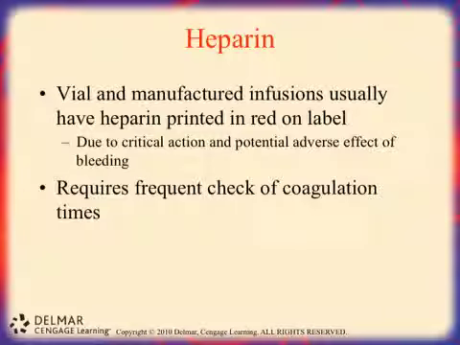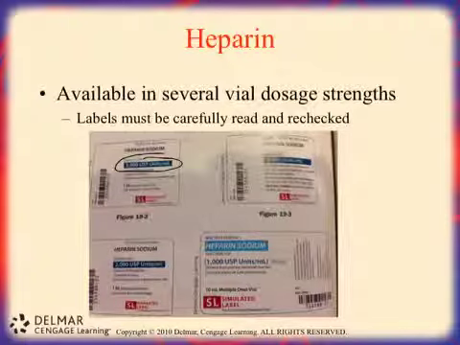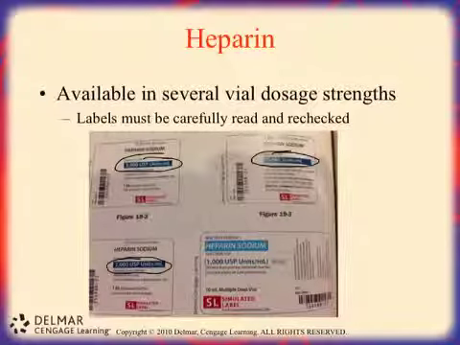when a patient is on heparin therapy. As these various labels indicate, it is available in various dosage strengths, so you must be very careful when you read the dosages. These examples give you 5,000 units per ml, 10,000 units per ml, that's quite a difference, 2,000 units per ml, and 1,000 units per ml.